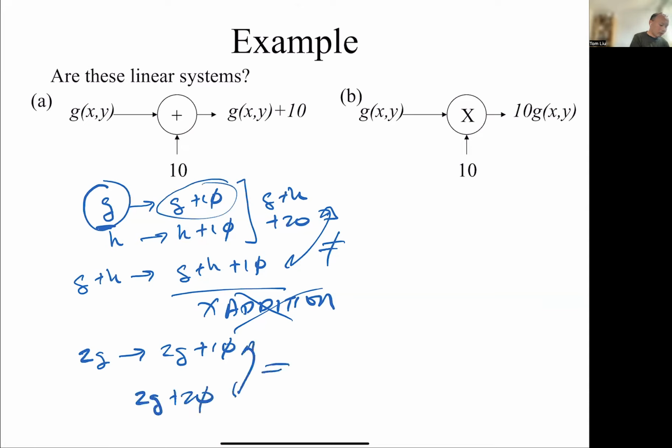These two things are not equal either, so it also doesn't satisfy scaling. So it's basically not linear at all. Even though it's a very simple example, if you get what's going on here, it will be very helpful if you have questions like this in this course or other classes. This is a very typical question that could be asked on, for example, a preliminary exam or some other exam. Any questions on that before we go on?